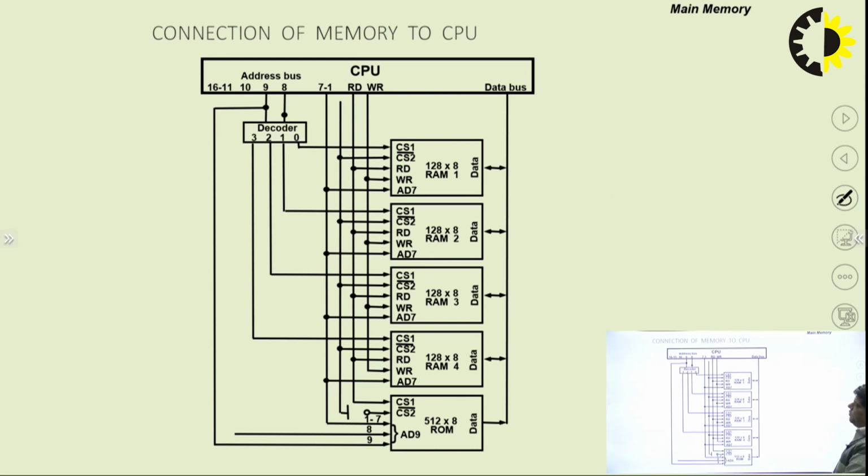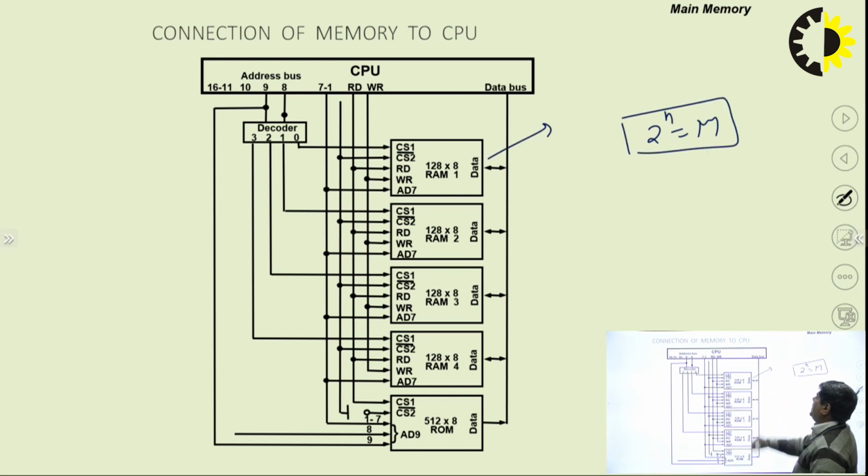By the mathematical formula 2 to the power m, we calculate the required address lines for the RAM and ROM. With this formula, we find the address lines of this RAM chip, this RAM chip, this RAM chip, this RAM chip, and this ROM chip.